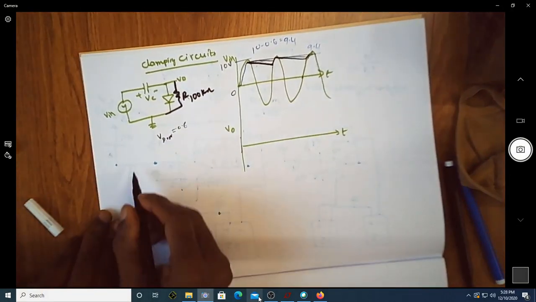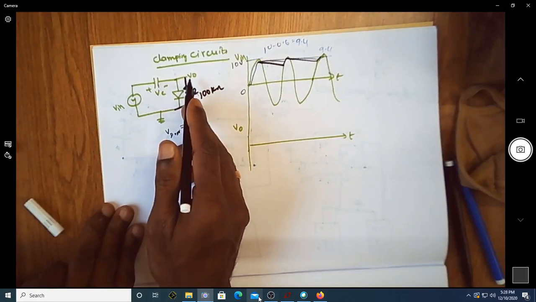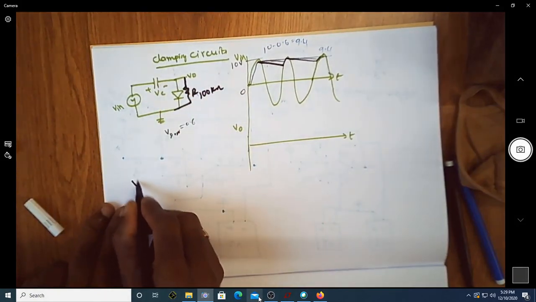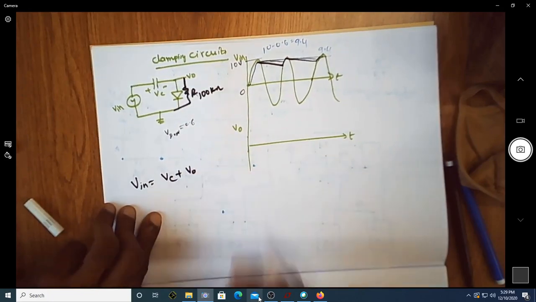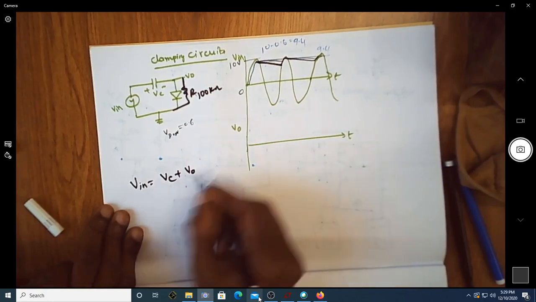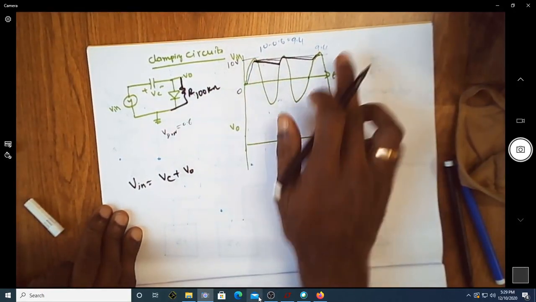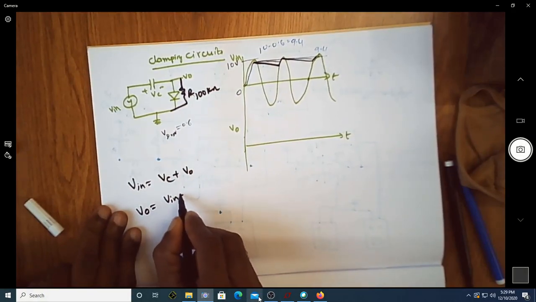We know the output voltage as per the KVL: V in is equal to Vc plus V naught. As we discussed in the previous case, suppose Vc is almost constant at 9.4 volts. We want V naught equal to V in minus Vc.